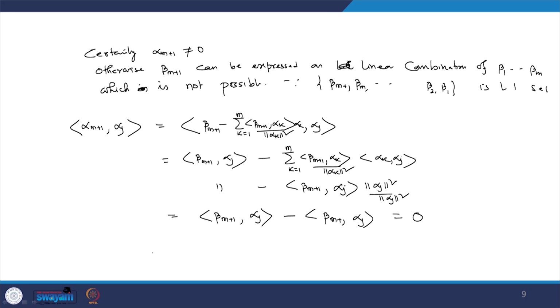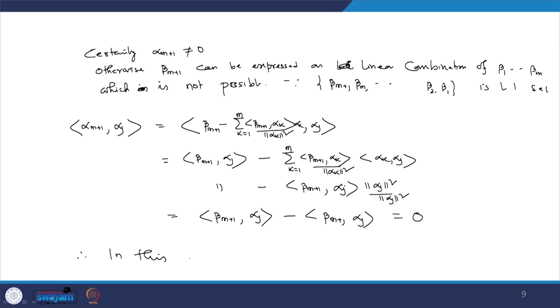We see that if up to 1 to m this construction is met, then one can also do the construction for m plus 1 also. So, in this way one can go up to m equal to n also.